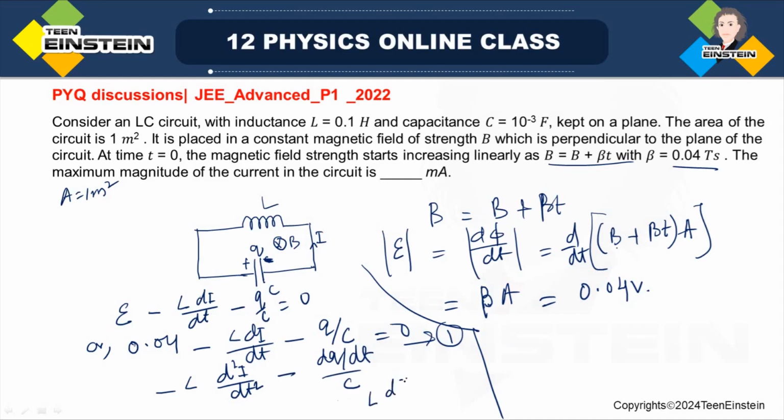L d2I by dt square plus 1 over LC times I. Okay, if I write this dQ by dt as I, that is the current, I by C. So C I have already written, so I. Okay, and this is equal to 0.